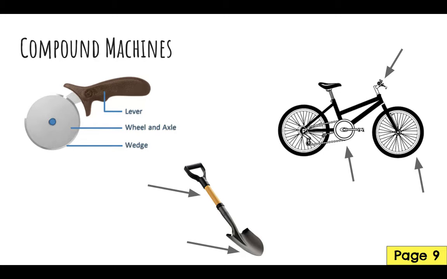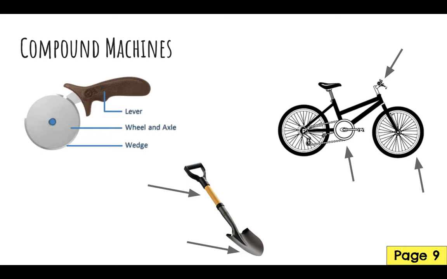Remember, a lever is used to make something longer so it is easier to move or turn or whatever it's doing to an object. Most anything that has a handle on it is a lever. So that's one simple machine. The second one, take a look, is that big round wheel that spins around a rod.